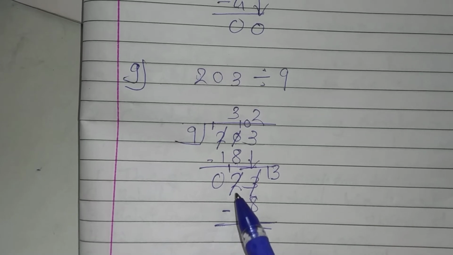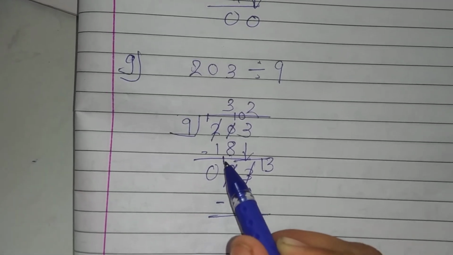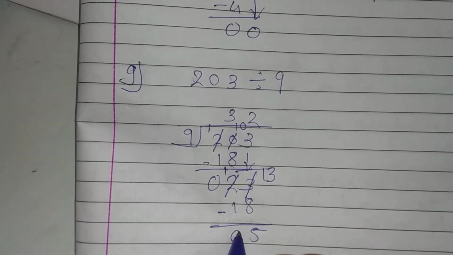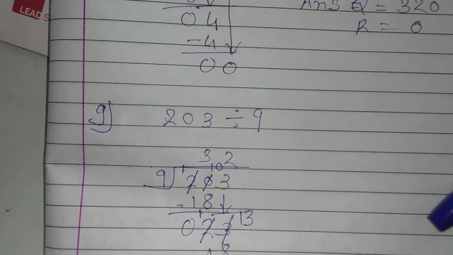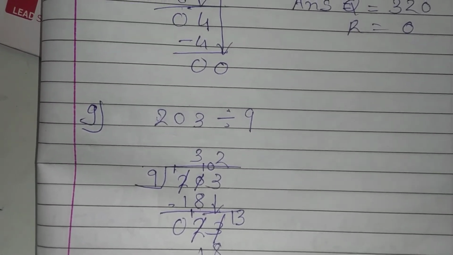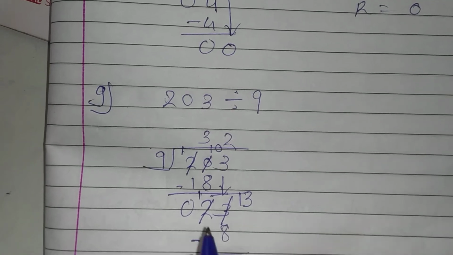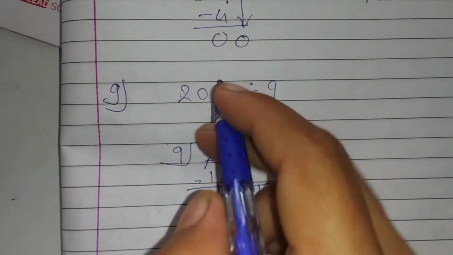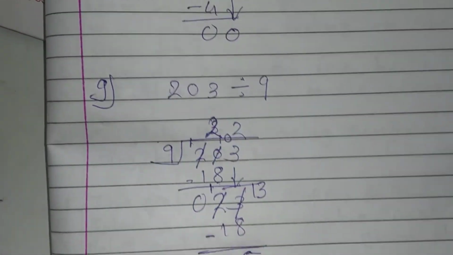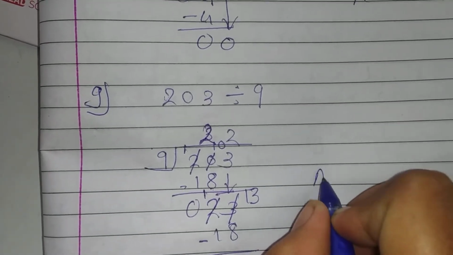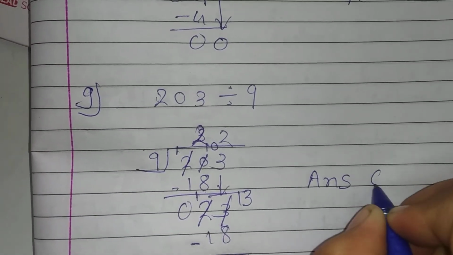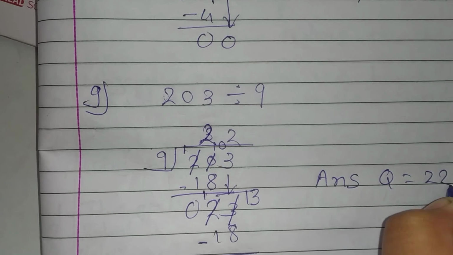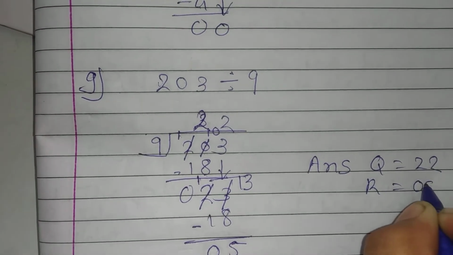And then 1 minus 1, 0. So the answer is Q is equal to 22 and the remainder is 5.